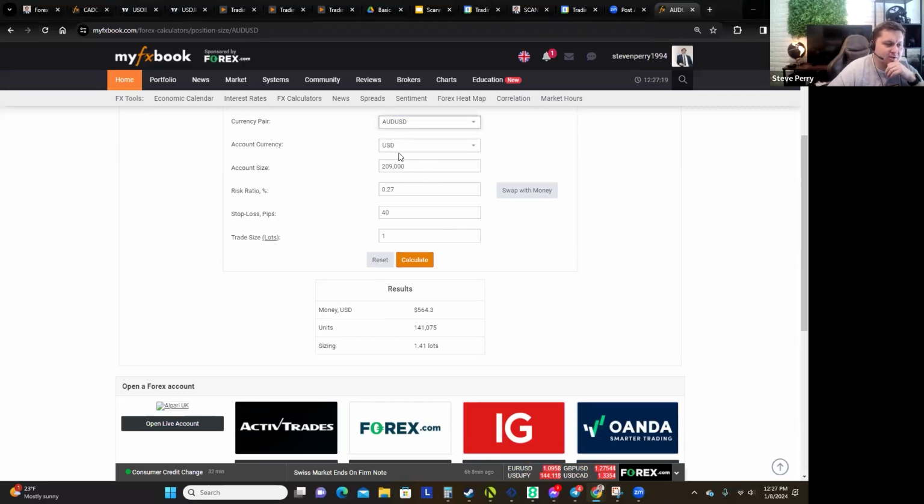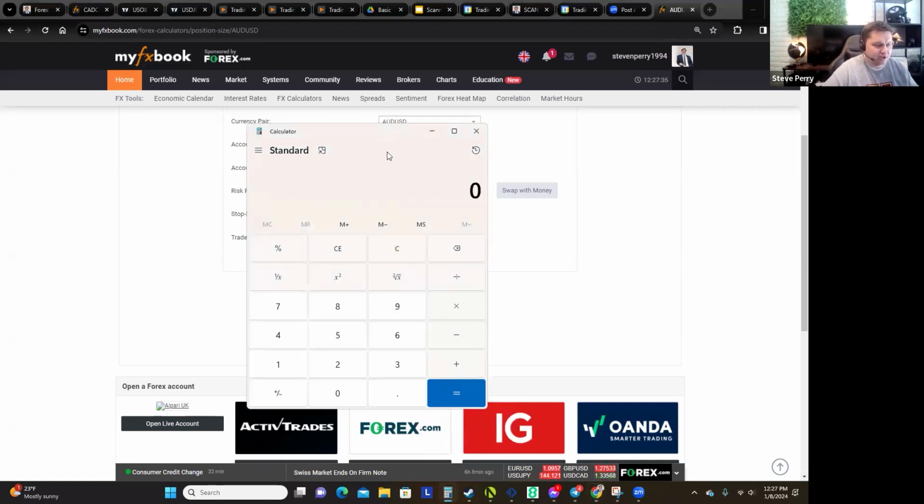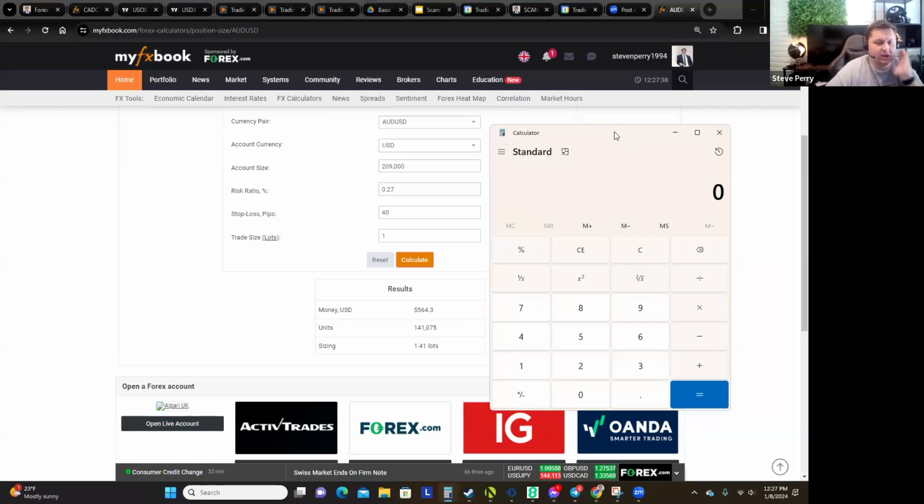Then we've got the US currency I'm transacting in. This is my account size. See, this will go a little faster once it's all inserted, right? $209,000 is my contract. Risk percentage stays the same because we already figured this out. Again, how do you do that? I just take the amount of risk I'm risking for the week.